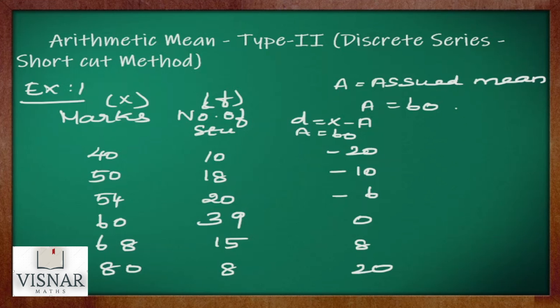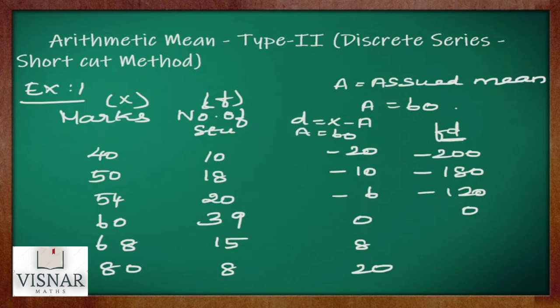So next is fd. We need to calculate fd, f into d. Multiply f and d values. For the first one, 10 into minus 20 is minus 200. For the second one, 18 into minus 10 is minus 180. Then minus 120.